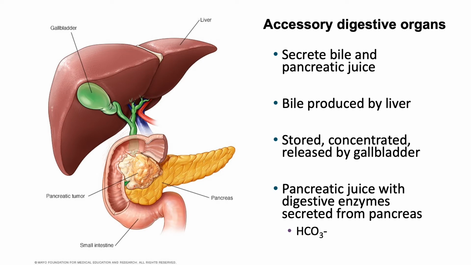So the accessory digestive organs secrete bile and pancreatic juice. Bile is produced by the liver, stored and concentrated in the gallbladder, and then we have the pancreas that secretes pancreatic juice, which consists of digestive enzymes.